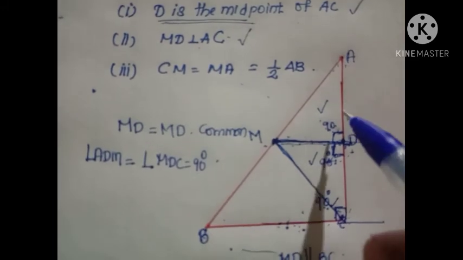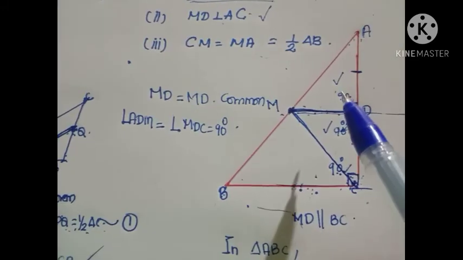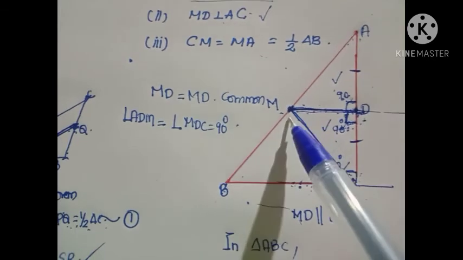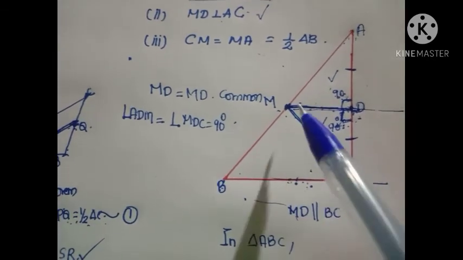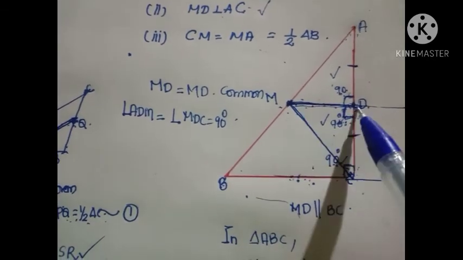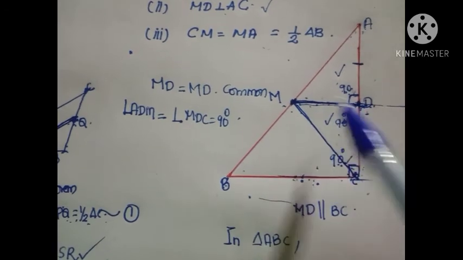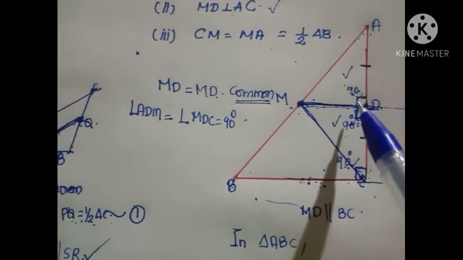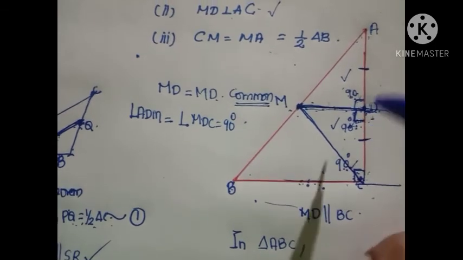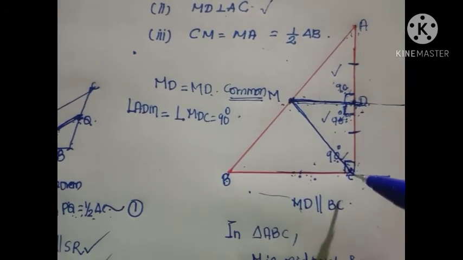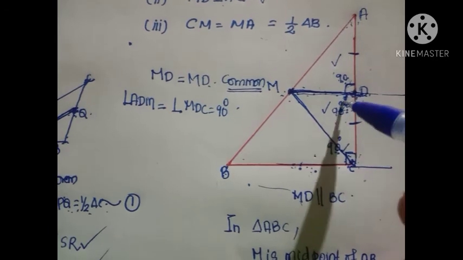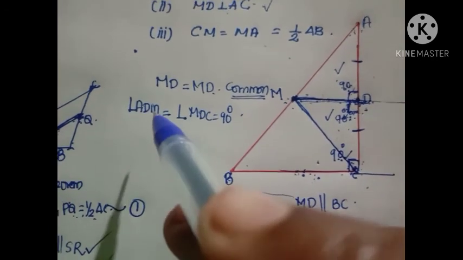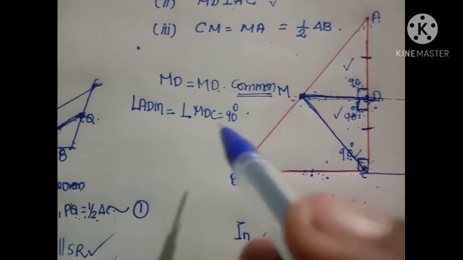So D is the midpoint of AC means consider these two triangles AMD and CMD. In this triangle MD is common side. Now what about these two angles ADM and CDM? These two angles are 90 degree. ADM is equal to CDM.